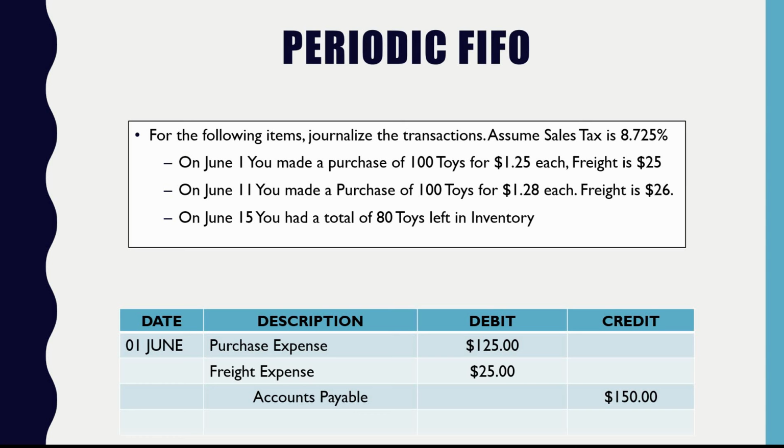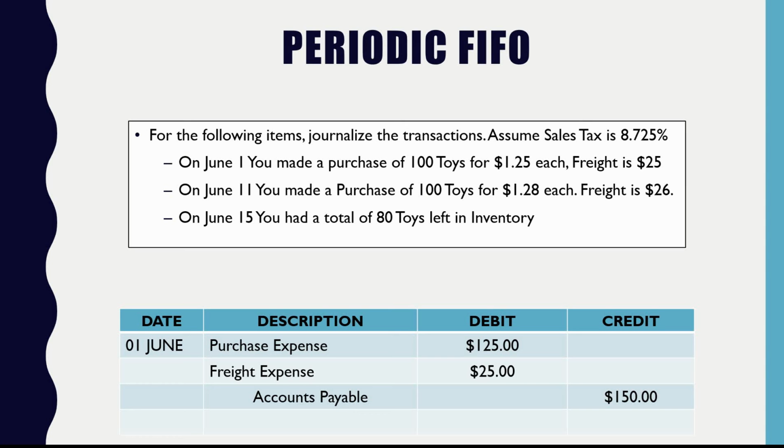Purchase expense was $1.25 each, and we purchased 100 of them. So therefore, boom, $125. Freight is $25, which gives us a grand total of $150.